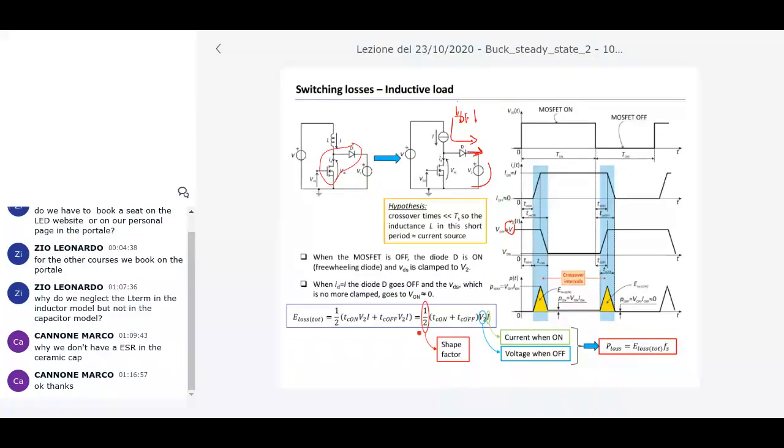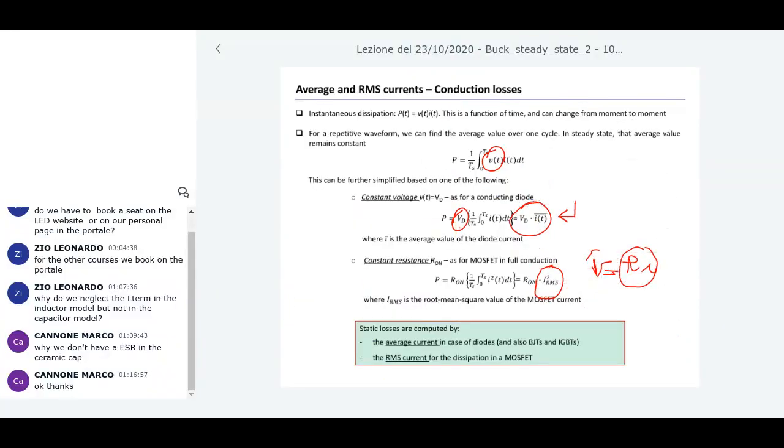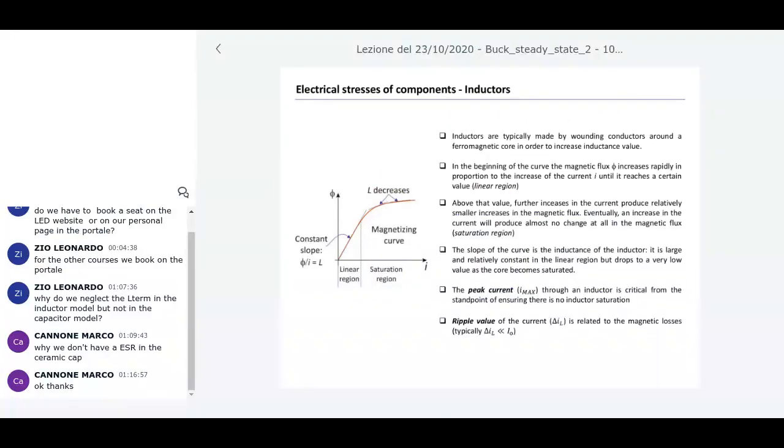What happens here is that I consider that for both transitions, turn on and turn off, the voltage is always the same, V2, and the current is always the same, I. But let's have a look at the MOSFET current. Remember which is the current flowing through the MOSFET in the buck circuit, for example.